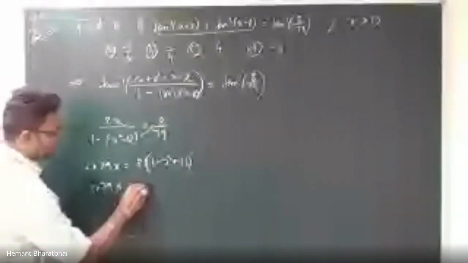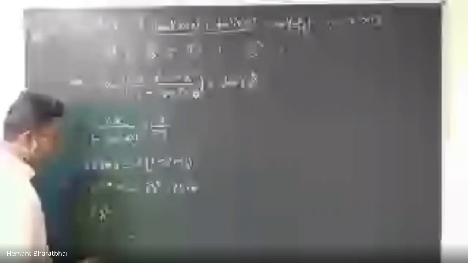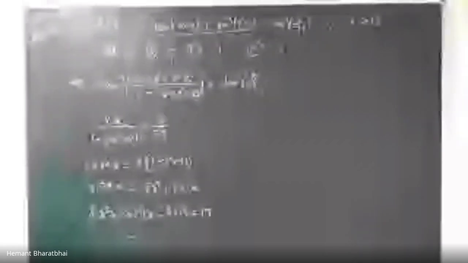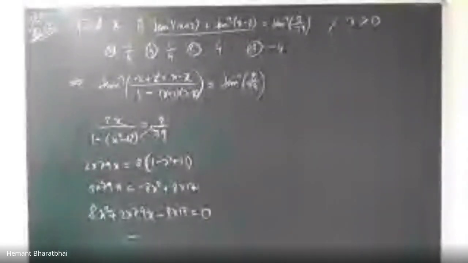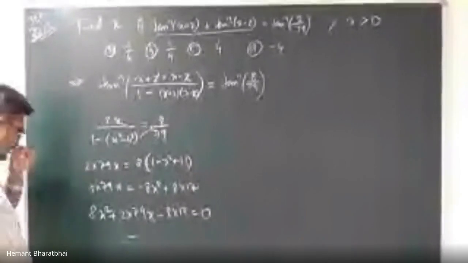So I'll bring this over here, and I'll get 8x square plus 2 into 79x minus 8 into 5 equals 0. Solve this quadratic equation, you will get the answer.